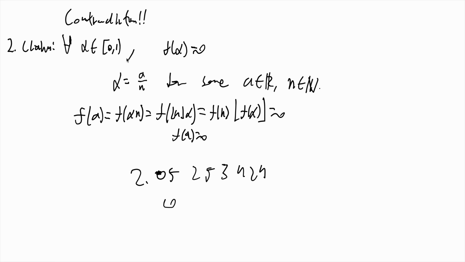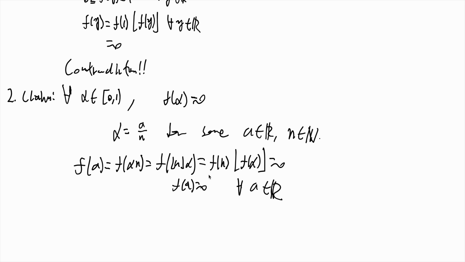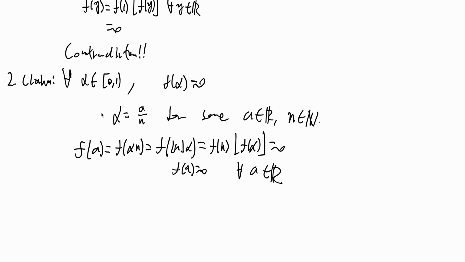Then we get alpha in this interval. So by doing this, we could actually find out that all of the real numbers could be written in this form, even the irrational numbers, because we just divide by the power of 10. So we know that this is true for all a in real numbers. So f of a equals f of x equals 0, and that's the only solution from here.